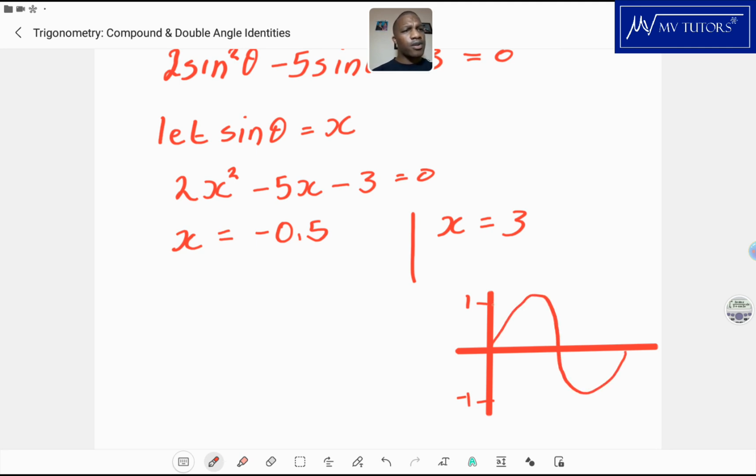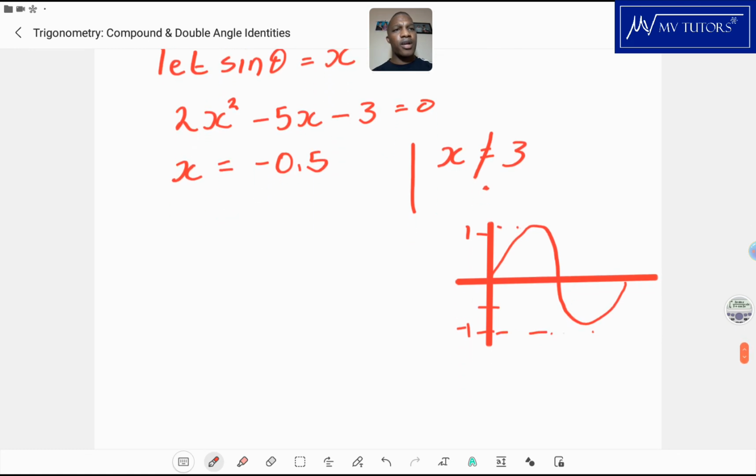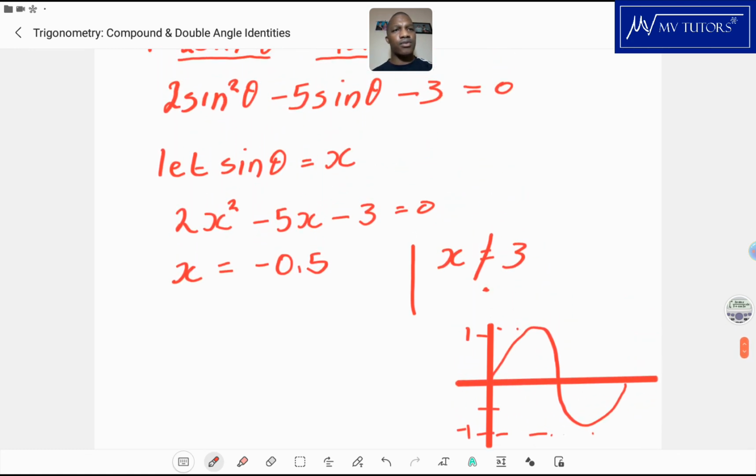As you can see, the highest value is 1. Minus 0.5 is still within the graph parameters. 3 is outside, so x can never be 3. So the only one we're working with is x equal to minus 0.5.